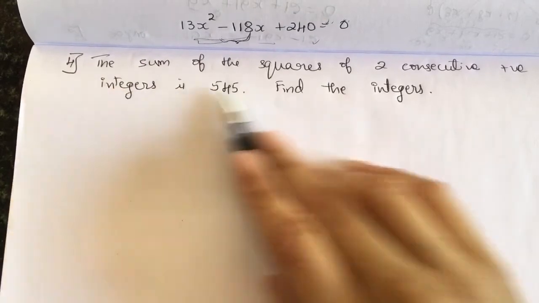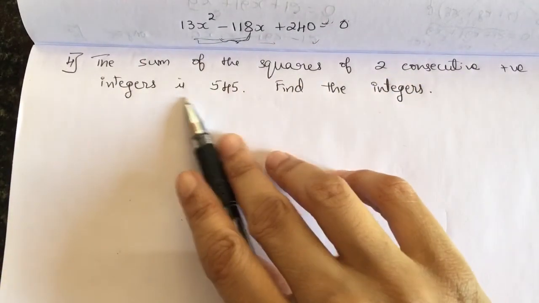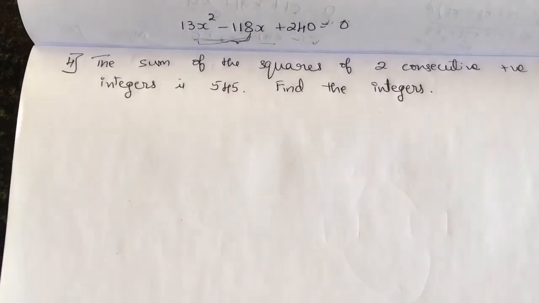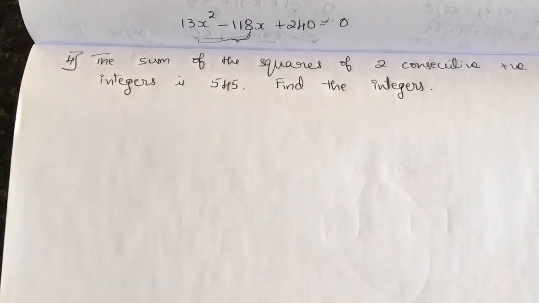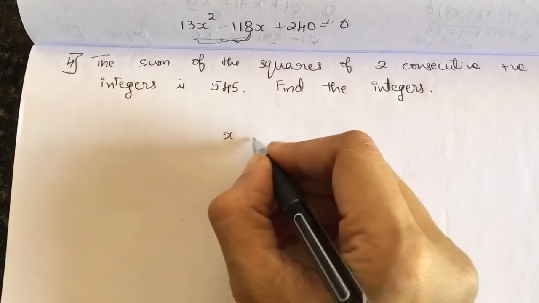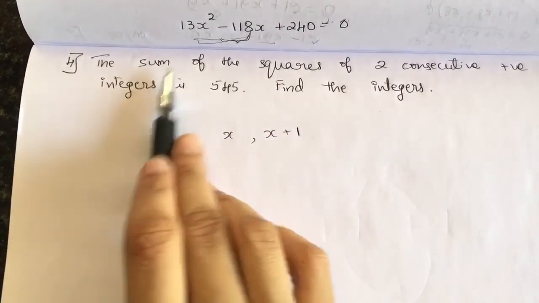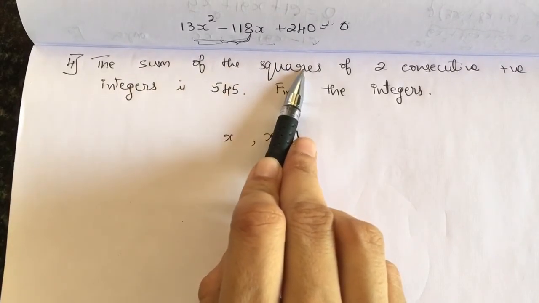The sum of the squares of two consecutive positive integers is 545. Find the integers. So it's consecutive integers it is mentioned. So if I take the first number as x, then the second number has to be x plus 1. The sum of the squares it is mentioned.